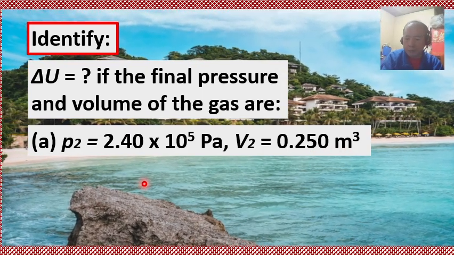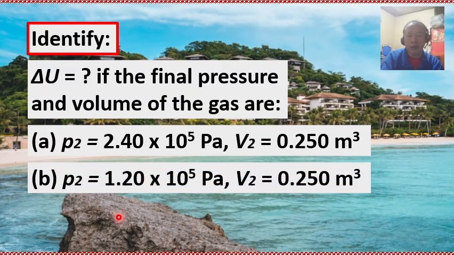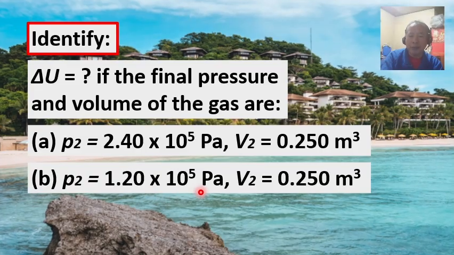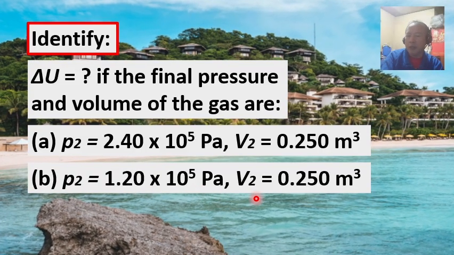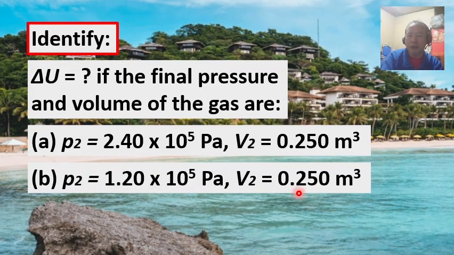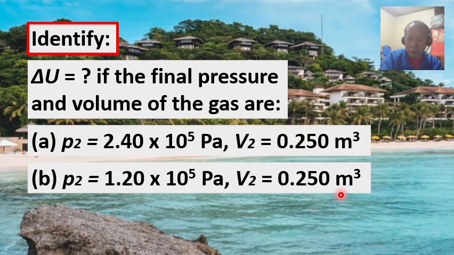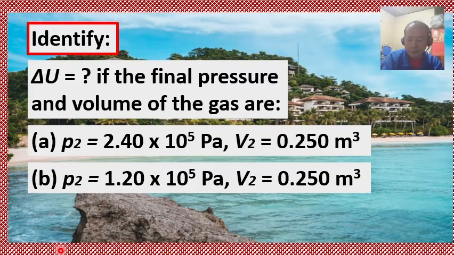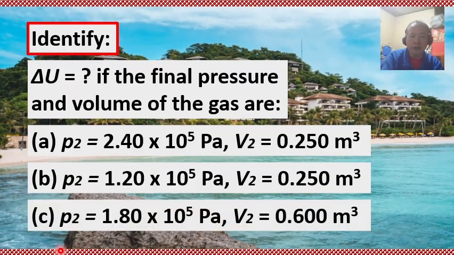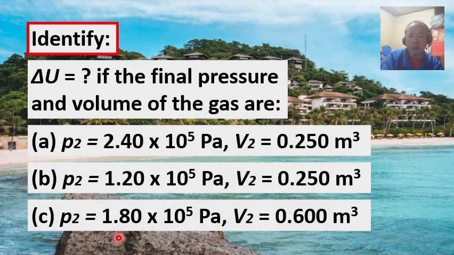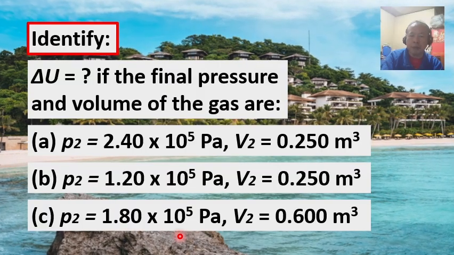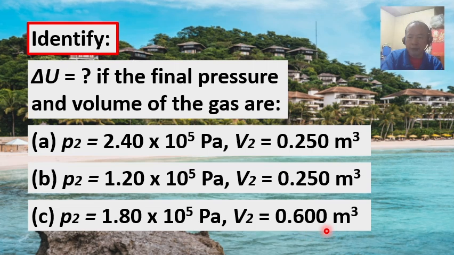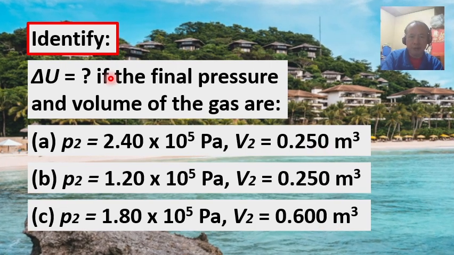In part B, the conditions are if the pressure P2 equals 1.20 times 10 to the fifth power Pascal, while the final volume V2 equals 0.250 cubic meters. And in part C, the conditions are if the pressure P2 equals 1.80 times 10 to the fifth power Pascal, while the volume V2 equals 0.600 cubic meters.